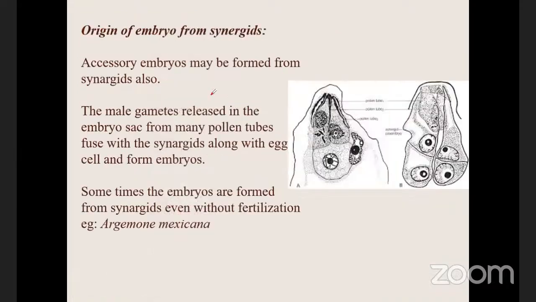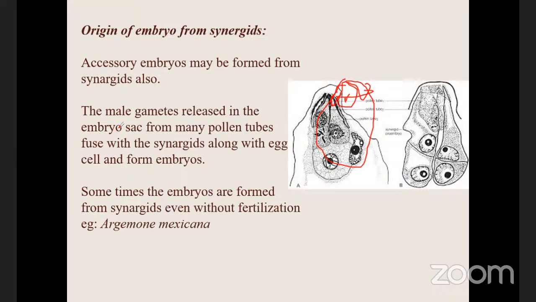You see origin of embryo from the synergids. In the embryo sac, the egg cell and 2 synergids are there. Sometimes even synergids also take part in embryo formation along with the egg cell.